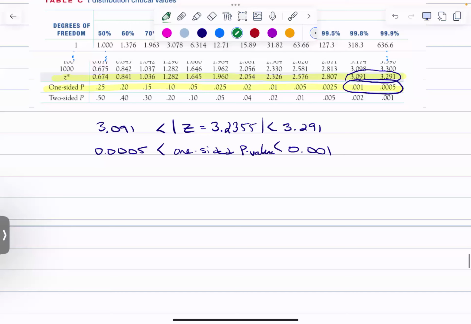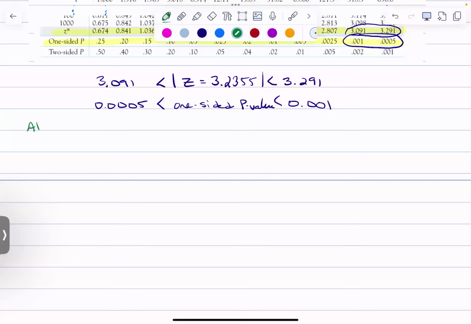You could also use Excel to get an exact p-value, an exact area in the tail. And this is a positive Z, and so then you would need to be in the upper tail. Do a little bit of work for that.